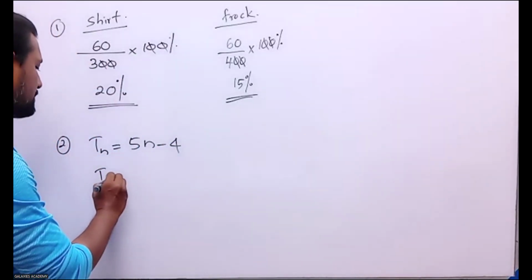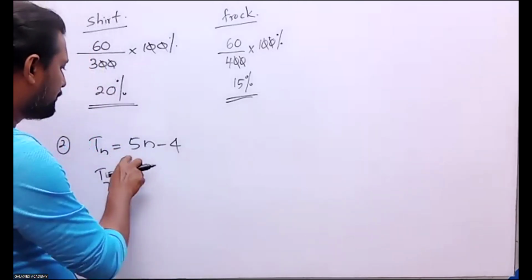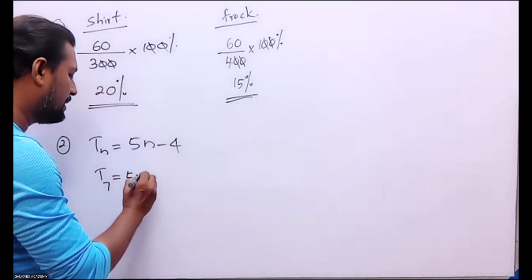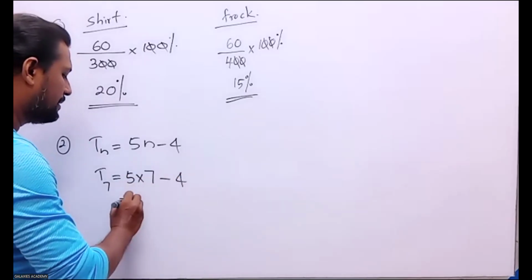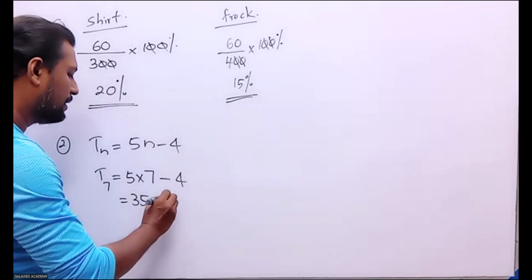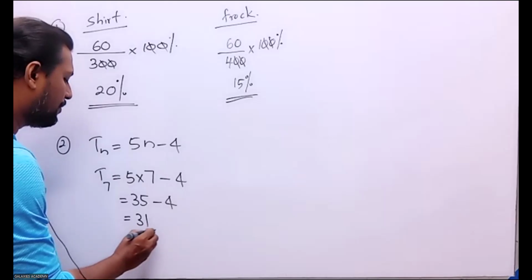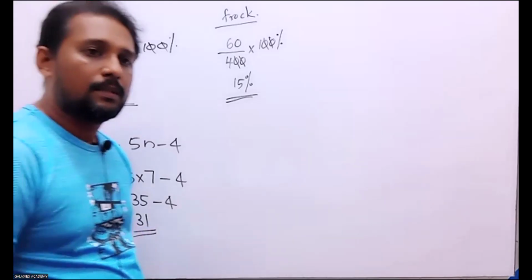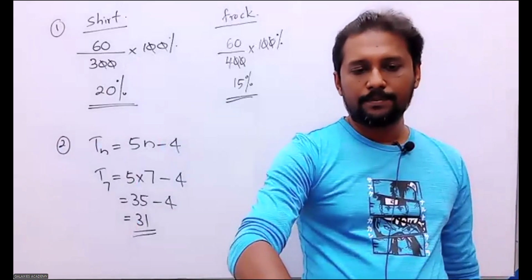You have to substitute n equals 7 in this general term. 5 multiplied by 7 minus 4. 5 times 7, 35. 35 minus 4. So what is the answer? 31. Right? Seventh term is 31.